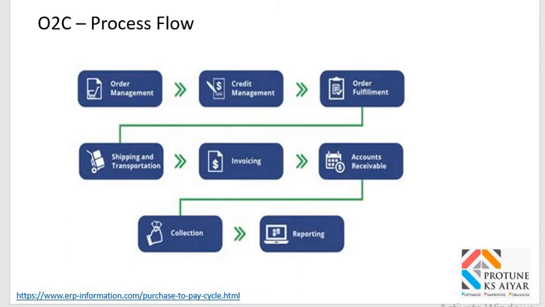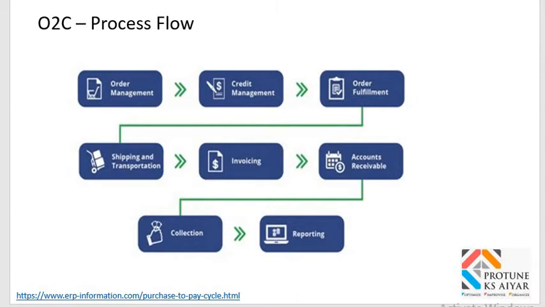These companies would either dispatch their goods from their warehouses or from their factories directly. Now, whenever an order would be received, this would be taken by the relevant key account manager or the sales personnel who is on field or interacting with the customers.